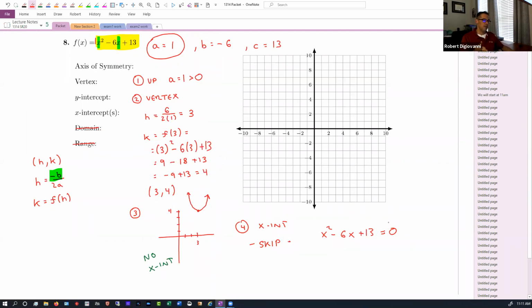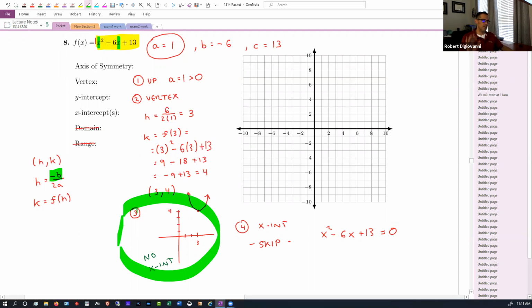And when you use a quadratic formula, you're going to wind up getting a negative number underneath the square root. And then that's going to introduce imaginary numbers. And we already said that we don't want to get too deep in the imaginary numbers. We just know that we don't have a real number answer. So that whole quick sketch idea is just to save you time. That's all it is, just to save you the effort of having to do step 4 when you don't need to, in this case.